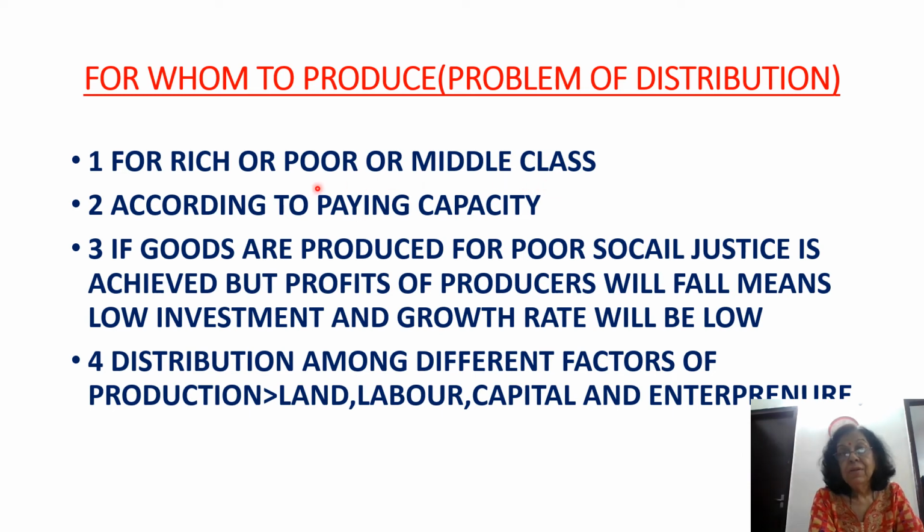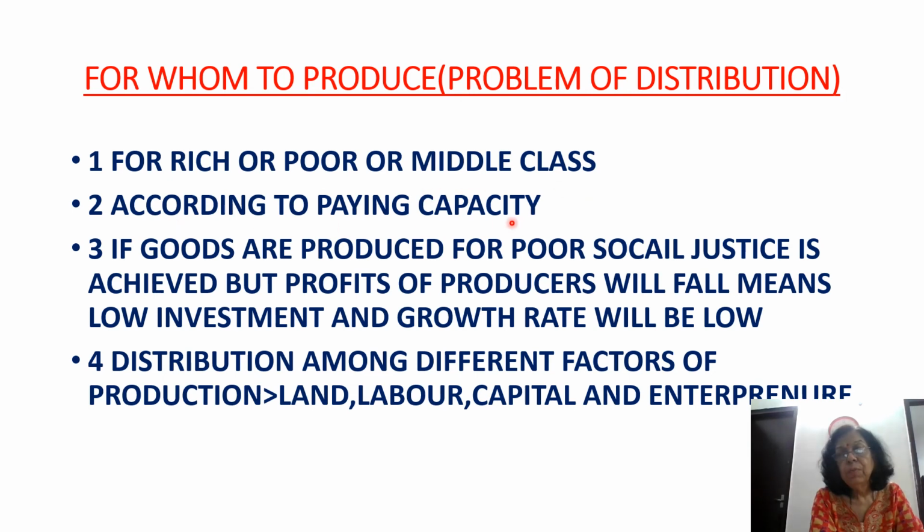And if a country decides to produce for the poor and middle class, their standard of living will be high, but they will have less savings, less investment, and a low growth rate. So the country will have to think how much they should produce for rich people and how much for middle class and lower class.